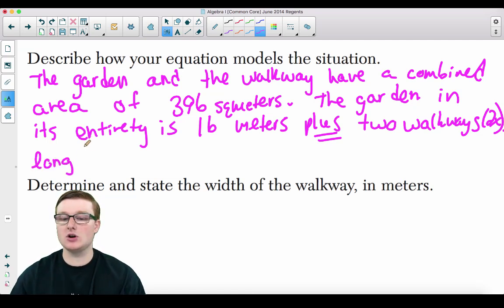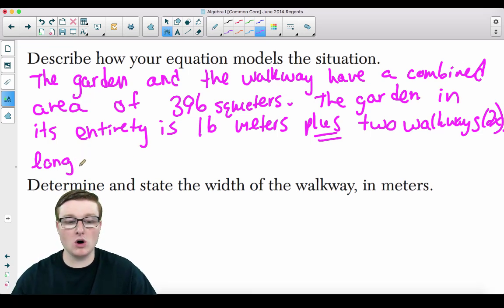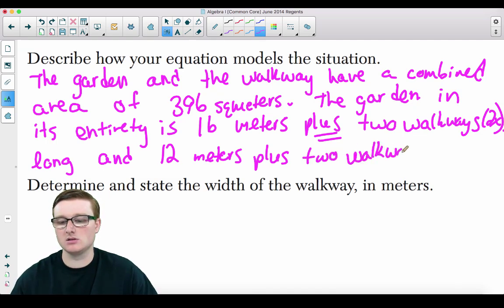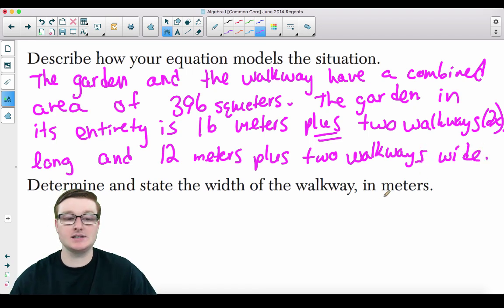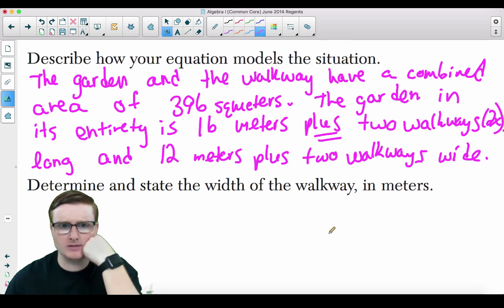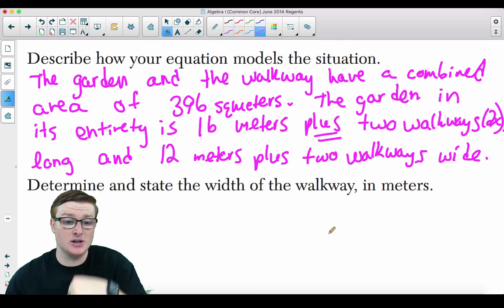So the garden in its entirety is 16 meters plus 2 walkways long and 12 meters plus 2 walkways wide. And that is how you basically describe how the equation models the situation. I really don't like when they ask those questions because, like, what are you going to put? I mean, this is probably the best answer that you could put.